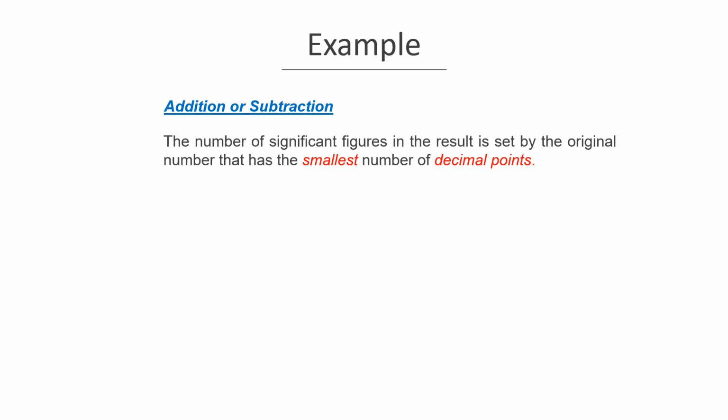Here we have an example on how to find the correct significant figures when we have addition or subtraction. The rule here is that the number of significant figures in the result is set by the original number that has the smallest number of decimal points. So the key point here is the smallest number of decimal points.